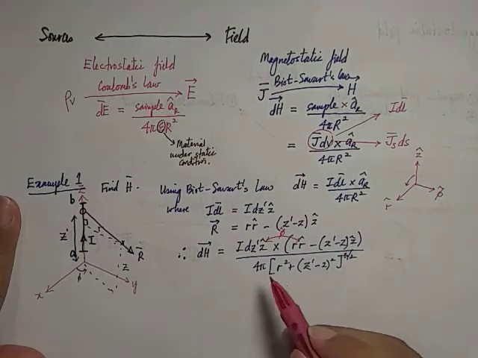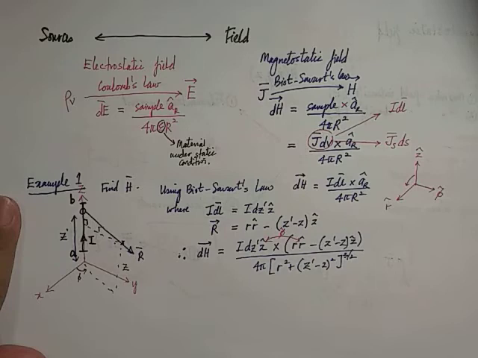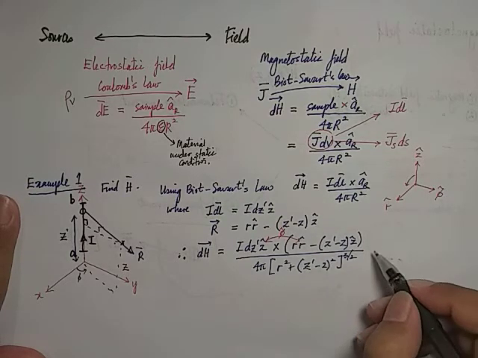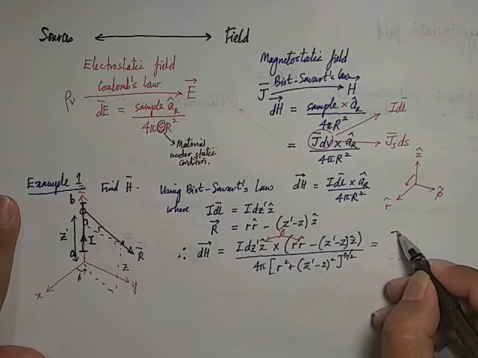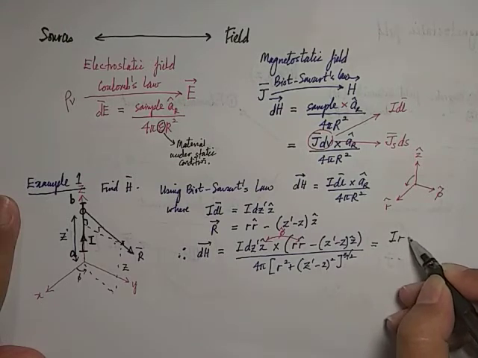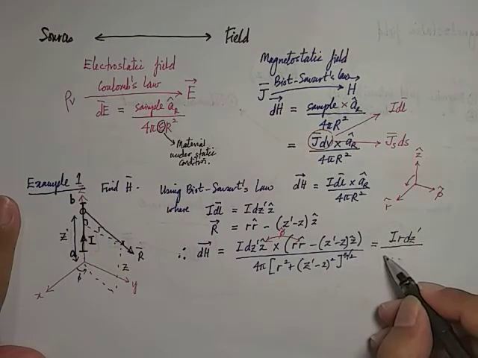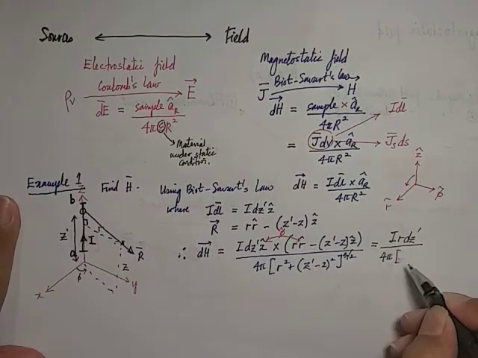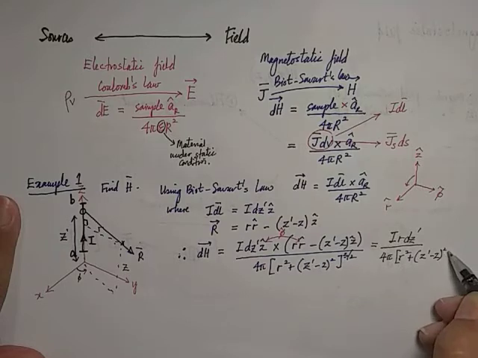Again, z cross z will end with 0, because in a cross product, remember, when the unit vectors are parallel, the angle is 0 degrees and sine 0 degrees is 0. So now our solution is equal to I r dz prime, divided by 4 pi times r squared plus z prime minus z to the power of 3 over 2, and don't forget about the direction.